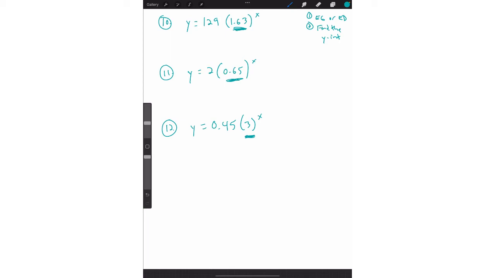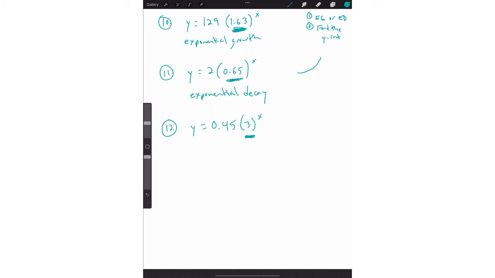So this number is greater than 1, so this is going to be exponential growth. Number 11, 0.65, is less than 1, so that's decay. So without graphing it, I know that this is going to be an exponential decay.